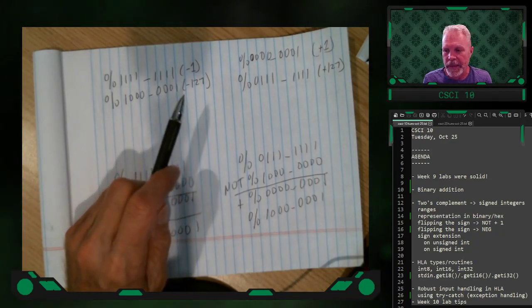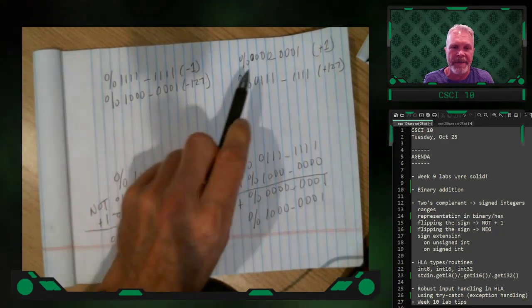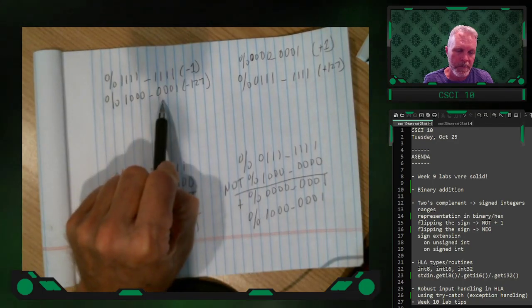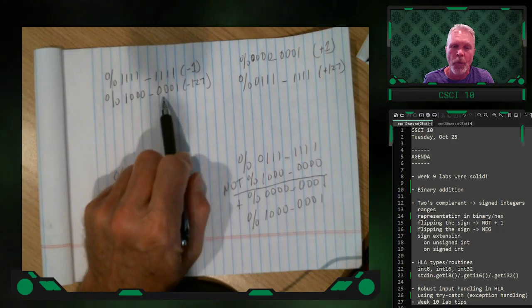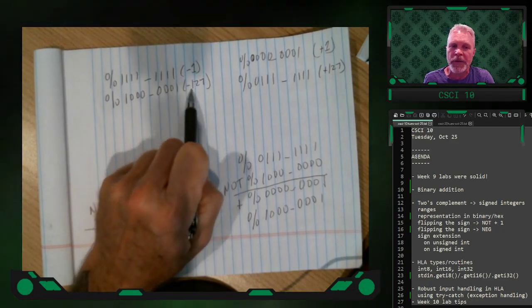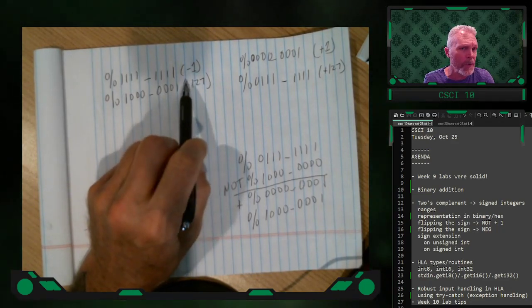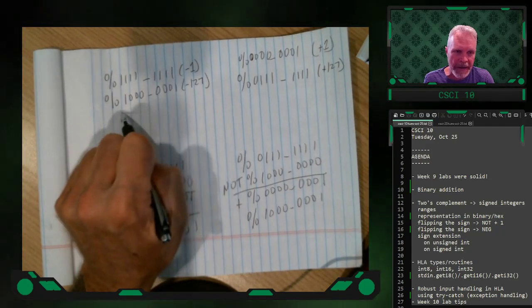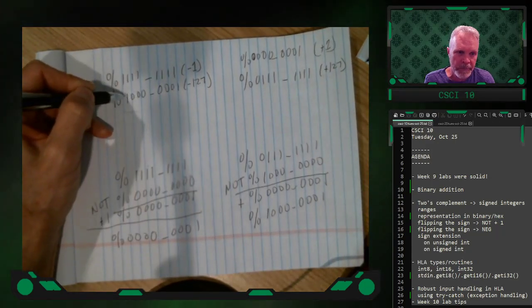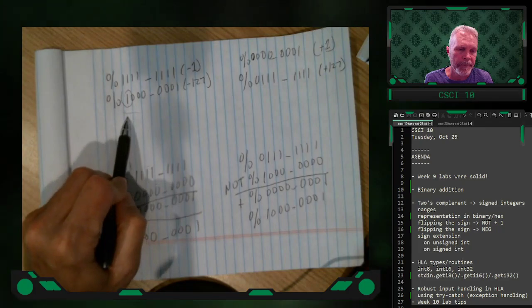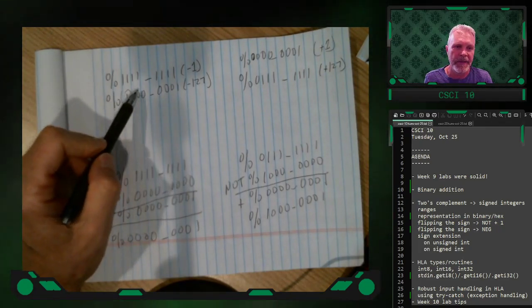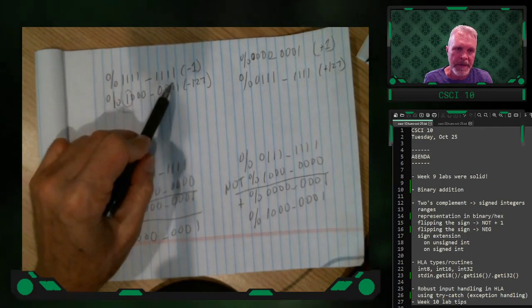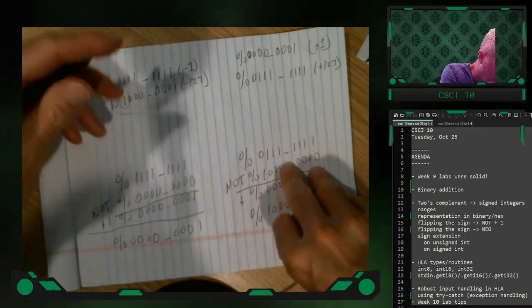So there's two things that help me with this. One is if I'm ever in doubt, so if I know I'm doing two's complement and I'm looking at a binary string that I know is negative, and I want to know what it means, or I can just do a random one.